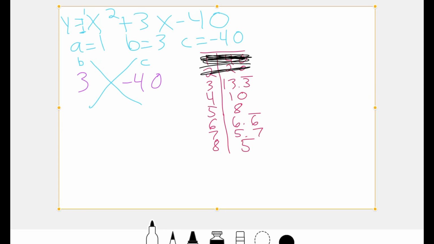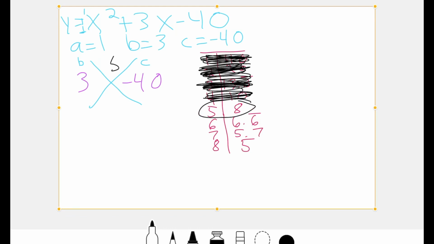No. Can I add or subtract 3 and 13.33333 to get 3? No. Can I do it with 4 and 10? No. Can I do it with 5 and 8? Yes. There's 3 numbers or 3 place values in between 5 and 8.